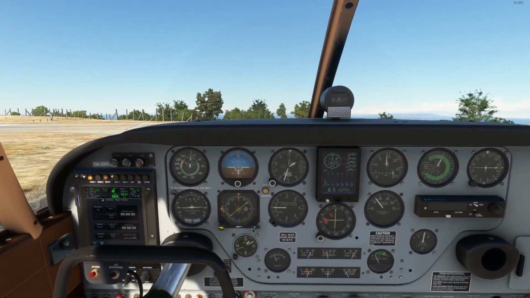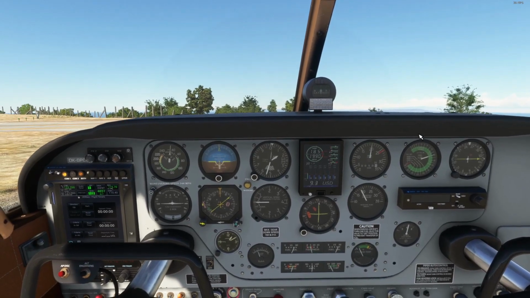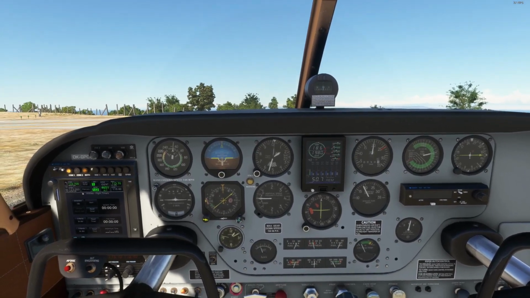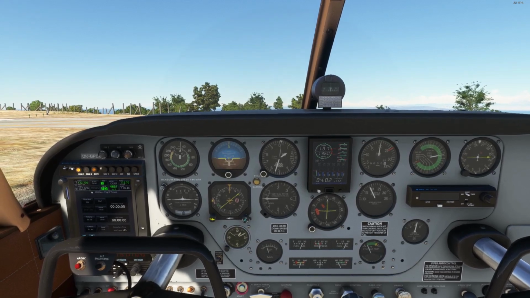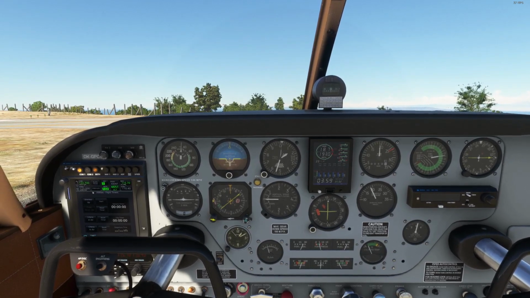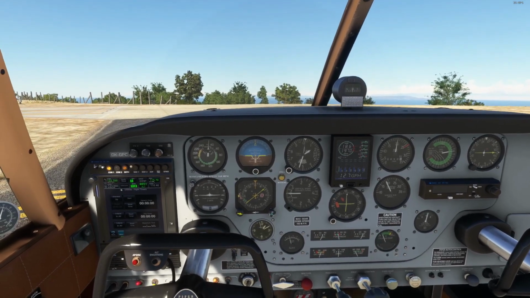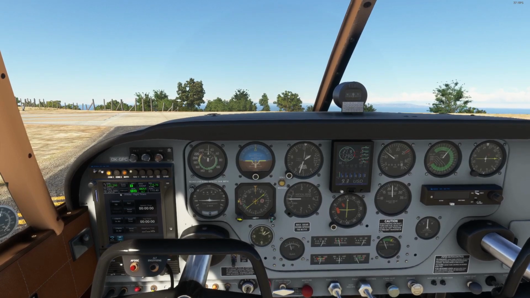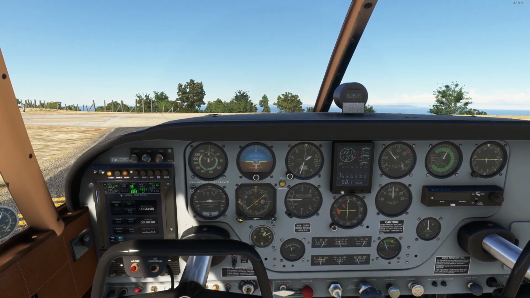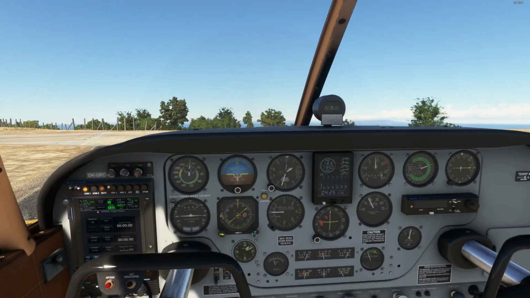Okay, watching the engine indications. All in the green. 100 RPM is a good drop. Left magneto, good drop. Nice.